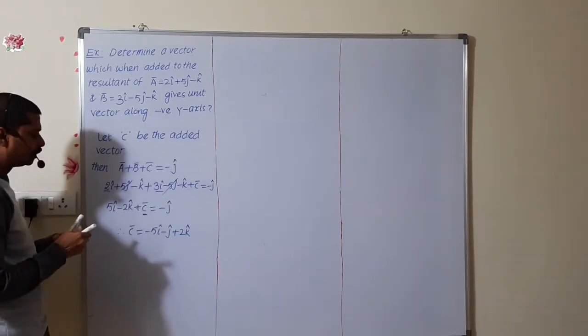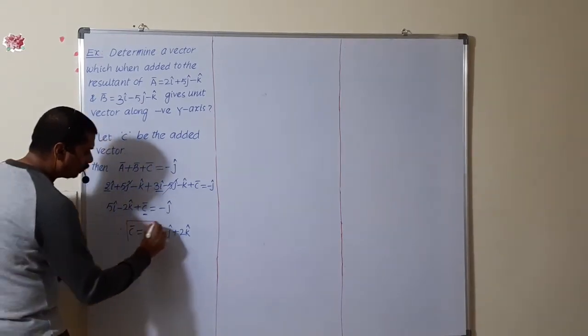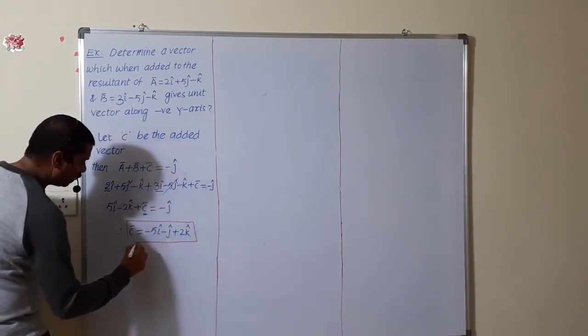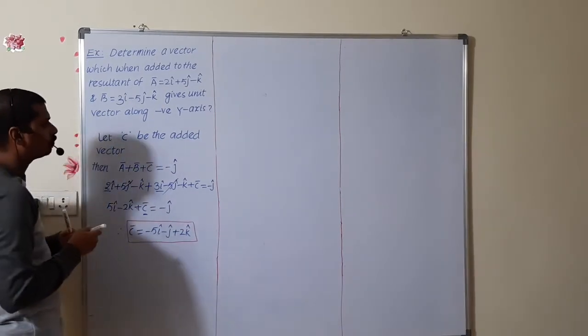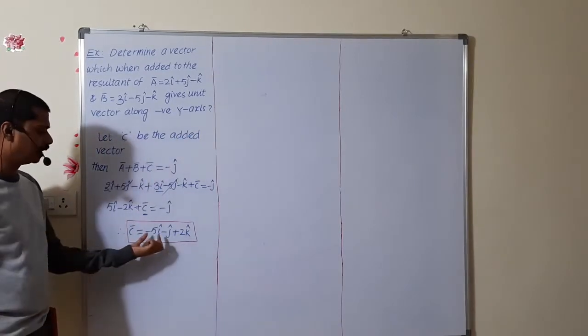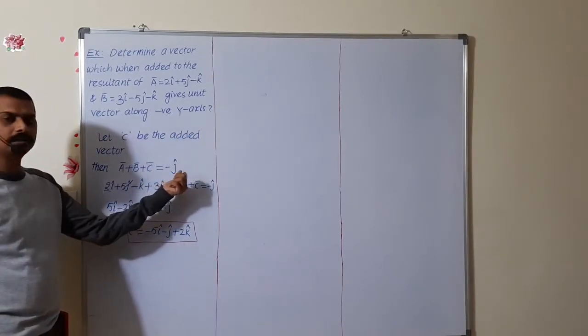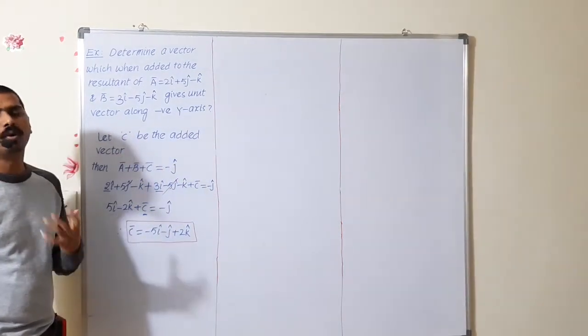This is a new vector. If you add these three vectors, the resultant is equal to minus j cap. If you substitute this C vector here, you will get the resultant minus j cap.